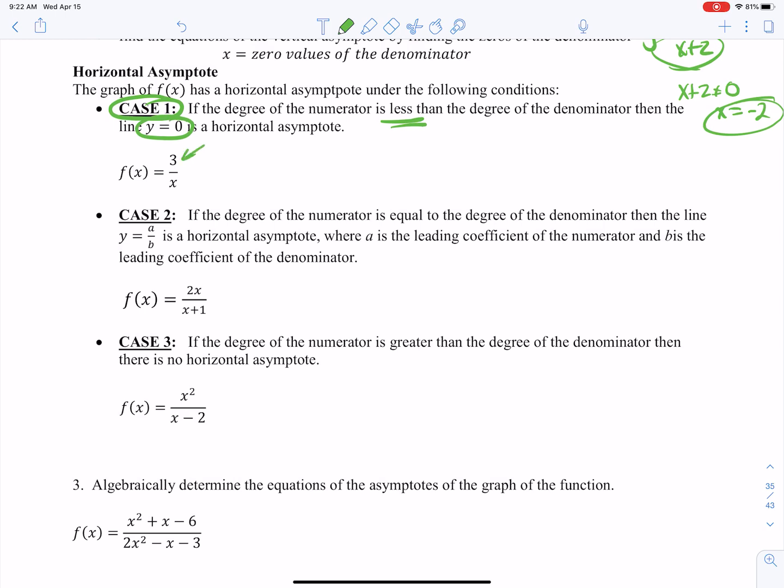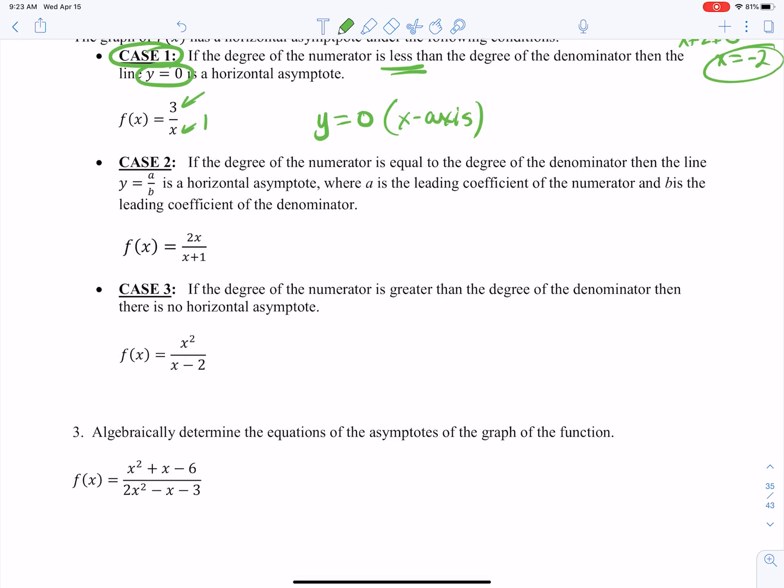So we know that the numerator here is degree 0, the denominator is degree 1, so that will be our horizontal asymptote, which is the x-axis. And that's the same if the numerator was degree 1 and the denominator was degree 2. All it has to be is the denominator has to be a greater degree.